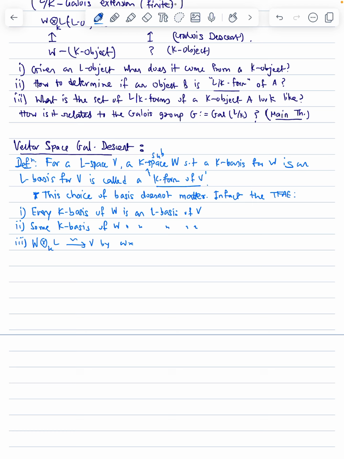When you take a simple tensor like this, it will just go to an isomorphism of L vector spaces. And these are really easy to show.